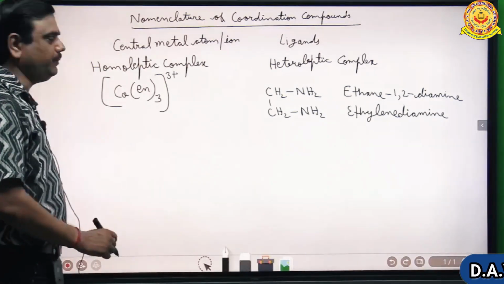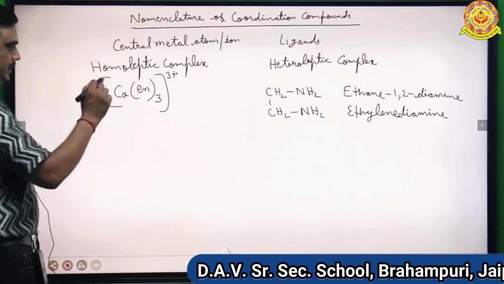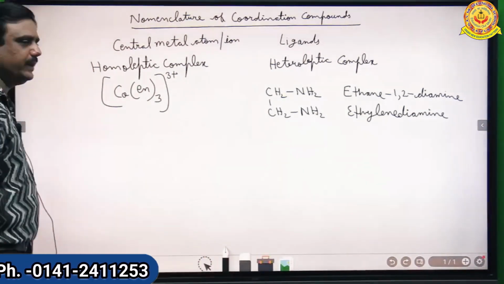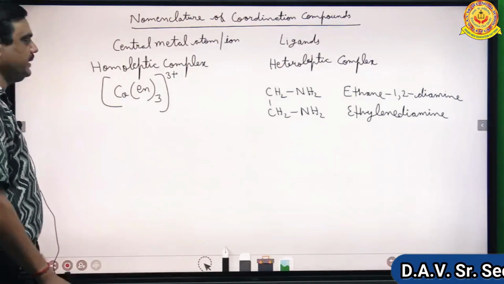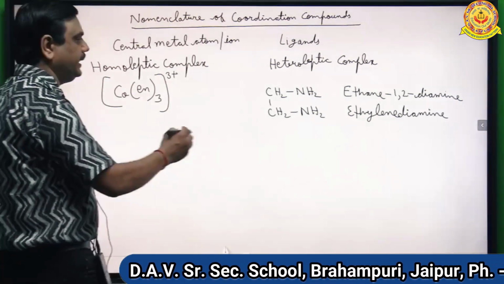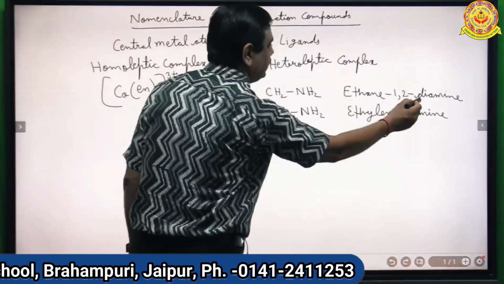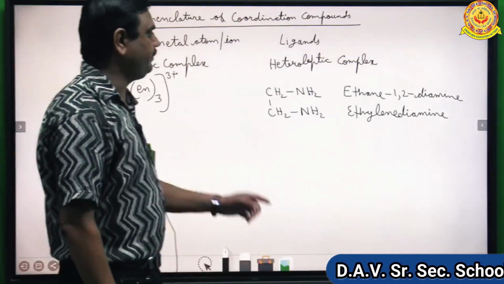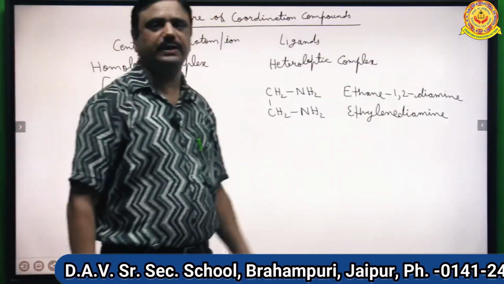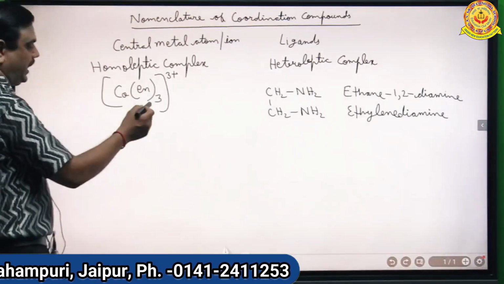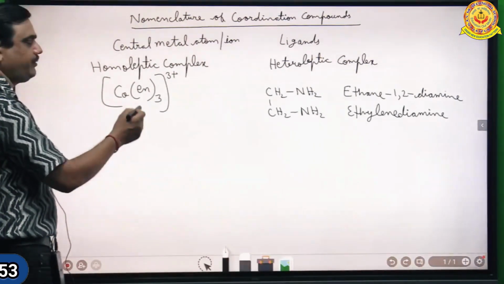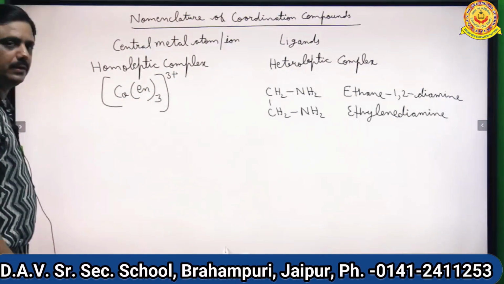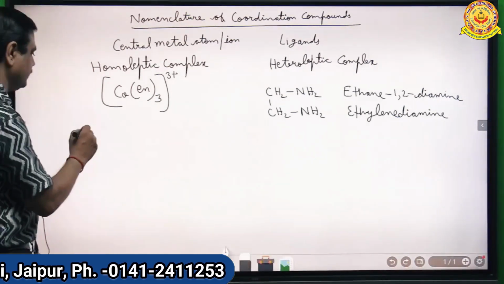Now while writing the name of this compound, first we will write the name of the ligand. 3 molecules of ligand are there, but there is a problem that here in the name of the ligand there is also a number indicating word, that is di. If the name of the ligand contains any number indicating word, then I cannot use di, tri, tetra to indicate the number of ligands. In this case, for 3 I will use tris.